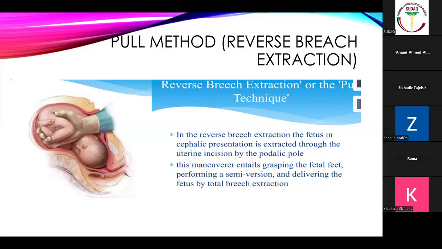Reverse breech extraction is not always a favorable one, because sometimes you will not be able to grasp. Plus, injuries to the foot, fracture of the femur and ankle dislocation are more common in this procedure, because you rotate and struggle to bring the baby out by breech extraction.